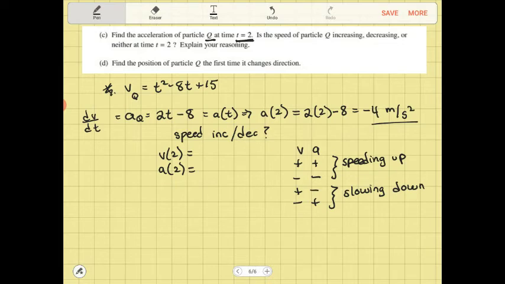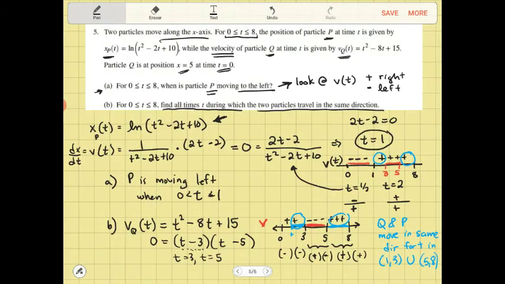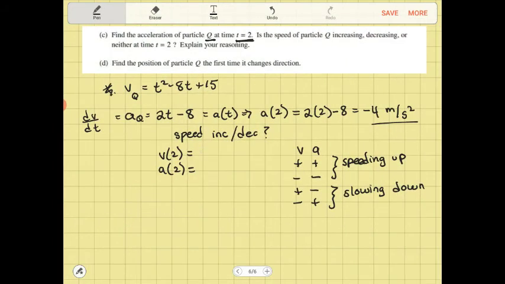So let's see. At 2, if we plug 2 into that velocity equation, we can do a calculation, but we already did a velocity number line, and at 2, which is here, the velocity came out to be positive. Feel free to plug in 2 and check my work.